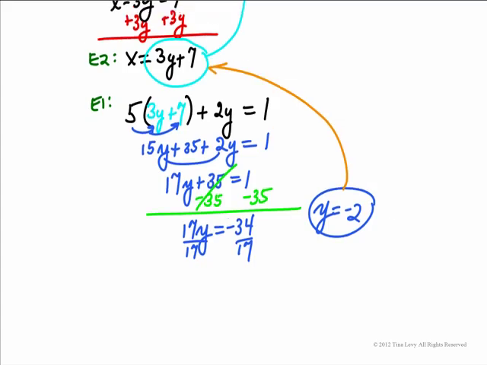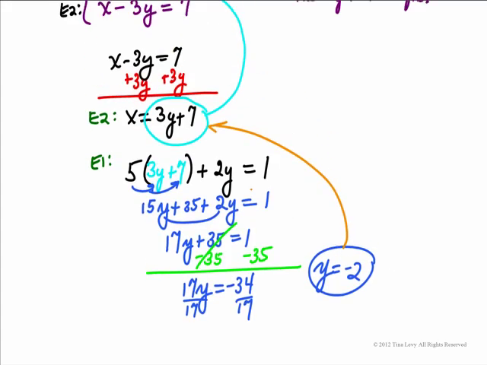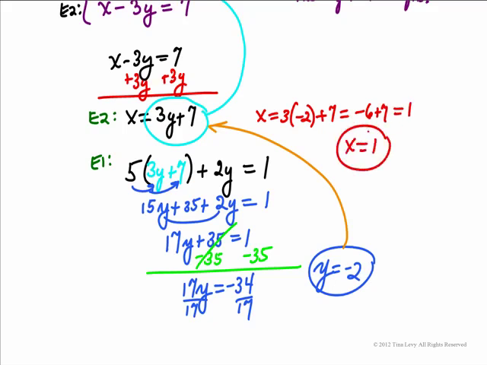So if I go back so you can see, I'm going to put the negative 2 in there. Working that through, I get x is 3 times negative 2 plus 7. Negative 6 plus 7 is 1. x is 1. And we write the solution. We say the solution to this system is 1 comma negative 2.